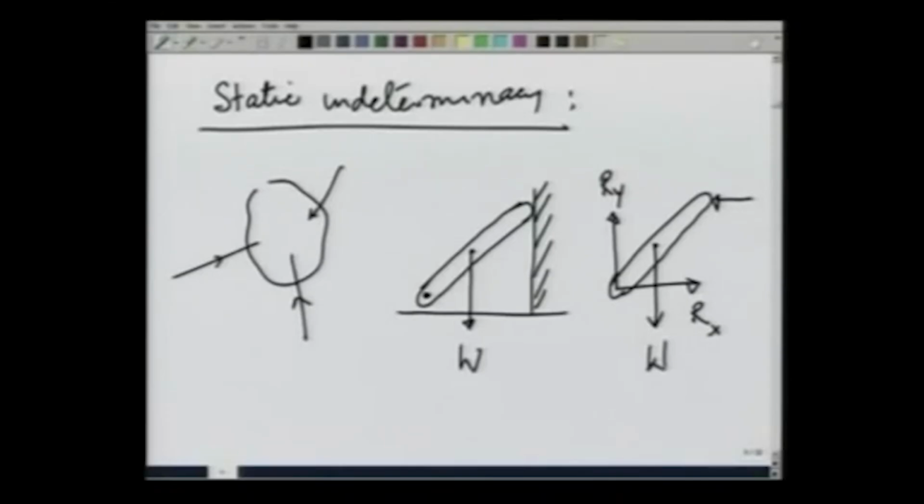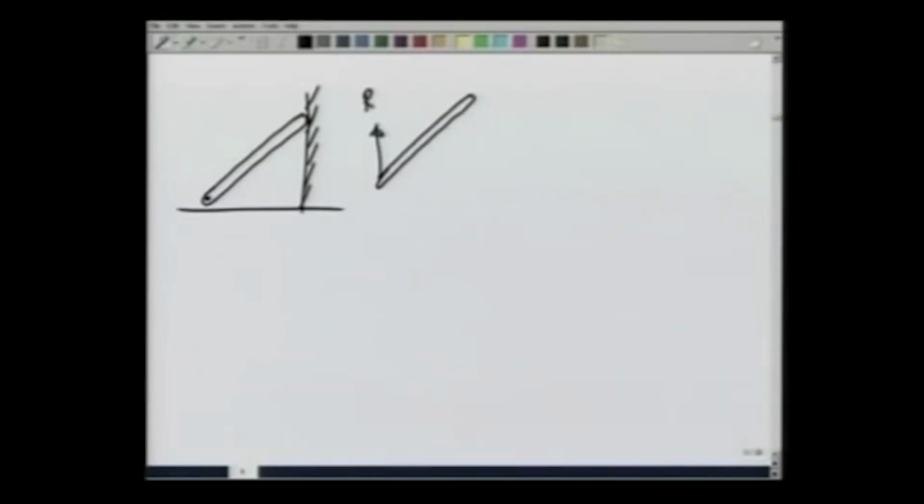Let us see how. So, I have this rod with a pin joint here and a wall here. This has a force R y, R x, a normal reaction N due to the wall, and its weight.